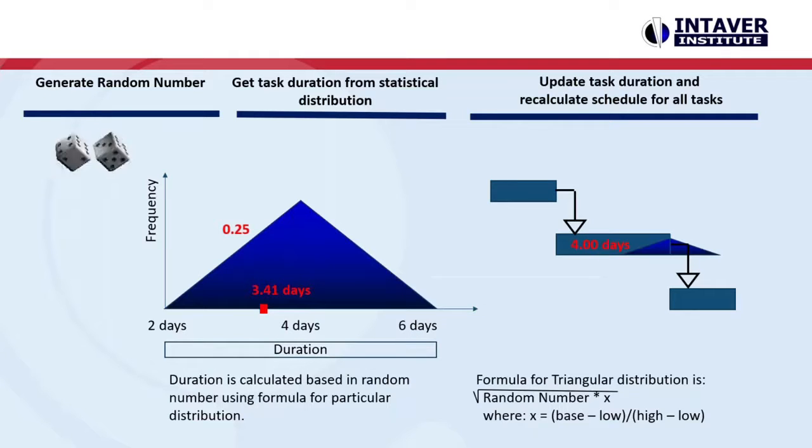In this iteration, it pulls from here and it's going to pull 3.41 days. And then it puts it into the schedule and runs the schedule using this value.